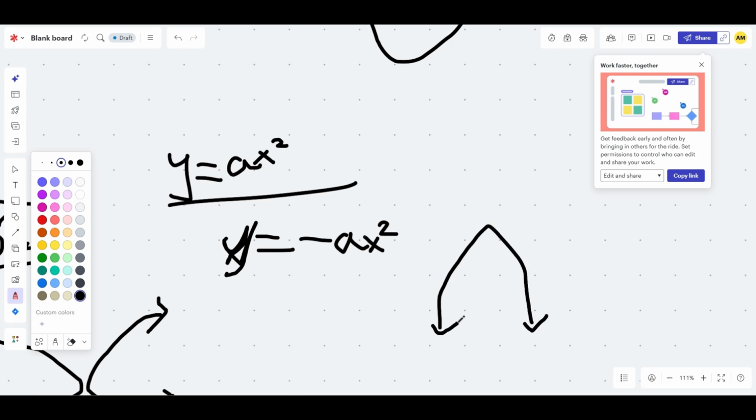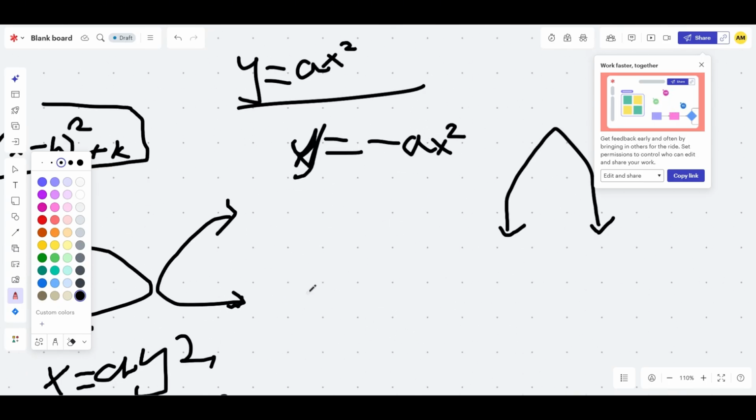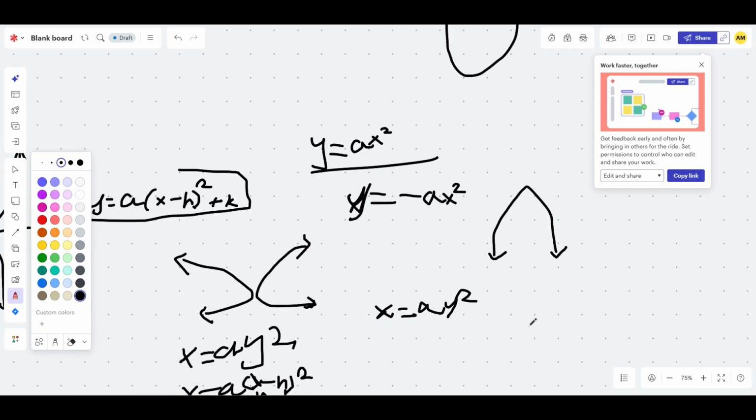Now, here's the kicker. If we switch it around, for example, x is equal to a y squared, the graph will go something like this. And if we switch it to minus, it'll be this way.